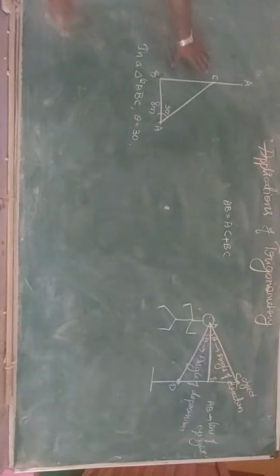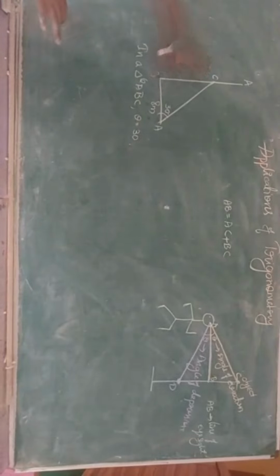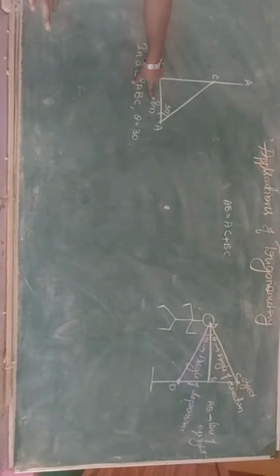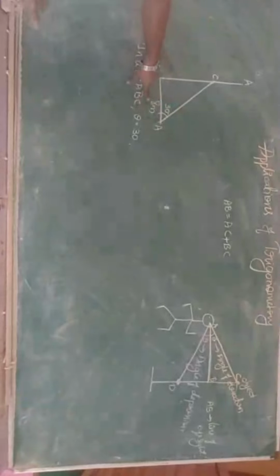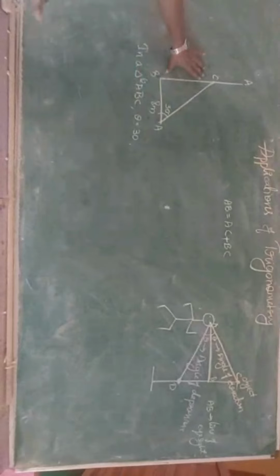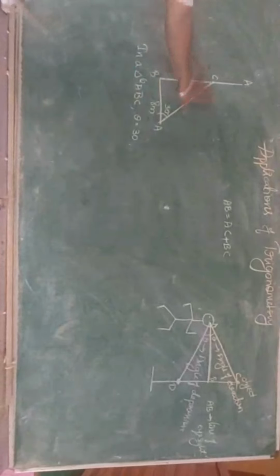So first we need to calculate BC. Adjacent is given, and we are asked to calculate the opposite side as well as the hypotenuse.